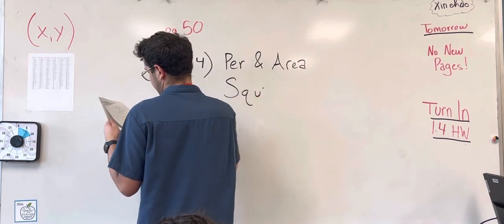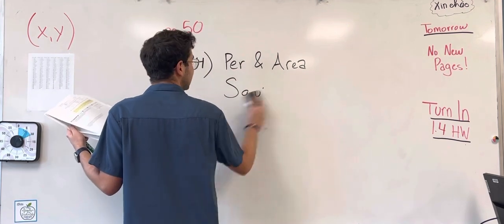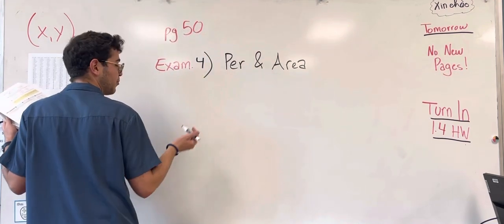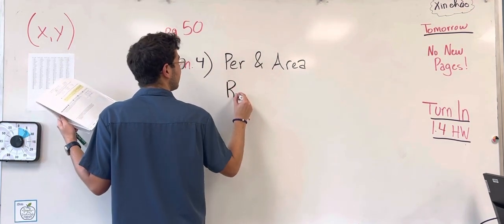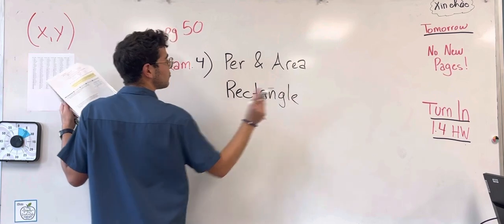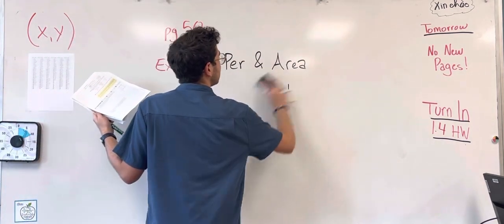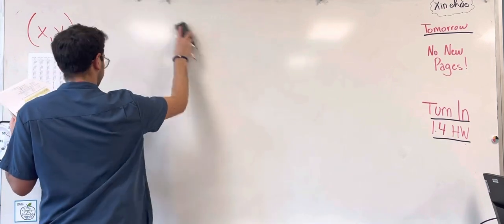Oh, sorry, is that a square or rectangle? Of a rectangle. Does anyone have questions on how to find the perimeter and area of a rectangle? Going once? Going twice? We're all good with rectangles? Great, so let's start looking at the homework.